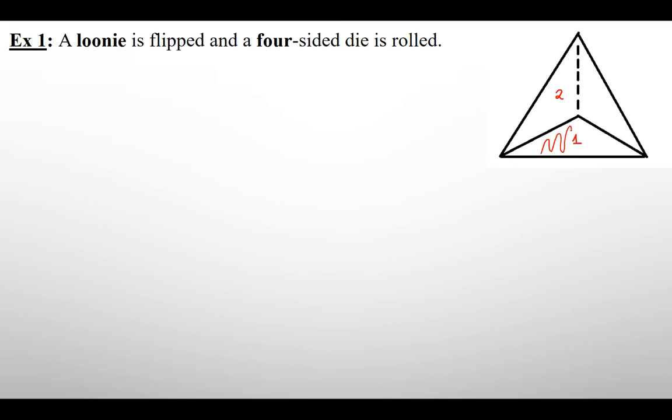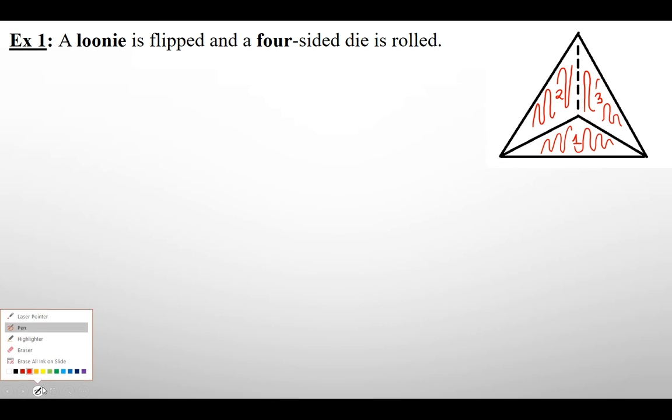I can shade them in just to illustrate them. You'd have this right side face to be number 3. Then you also have the front face here, which I'll illustrate with a different color. So the front face would be this entire face, and this entire face would be the fourth possible side.